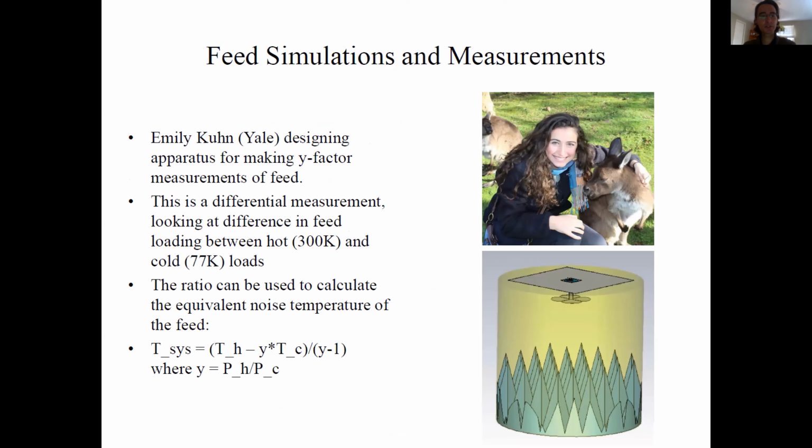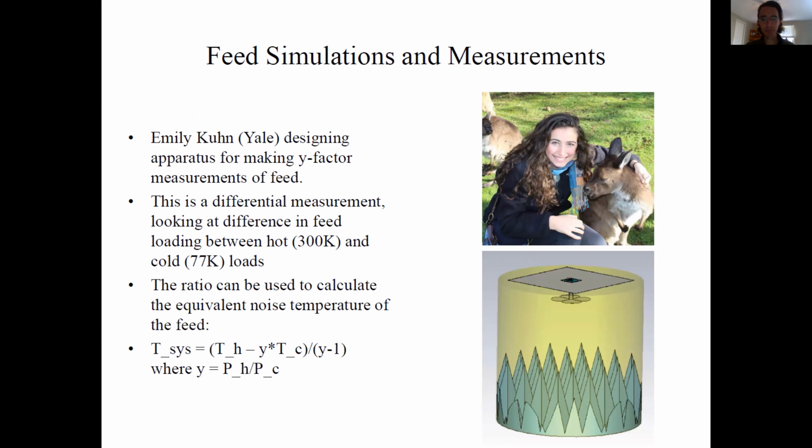At Yale, there's also a lot of work going on in feed simulations and then verification measurements. A lot of this work is being done by Emily Kuhn, who's a grad student that I work with. And she's developed this cryogenic test bed for measuring the noise temperature of our feeds using a differential measurement.